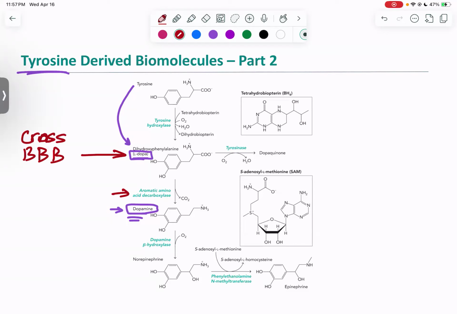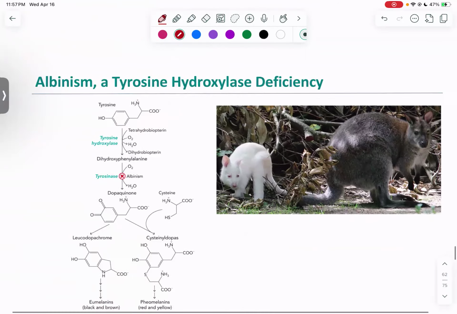Now, it's not perfect, but it does relieve some of their symptoms for a certain period of time. And so they can convert that L-DOPA, if you're talking about the patient, into dopamine, and then the dopamine can get converted into norepinephrine and epinephrine. And we know norepinephrine and epinephrine are important in our fight or flight response. So there's a lot going on that comes from tyrosine, just tyrosine itself.